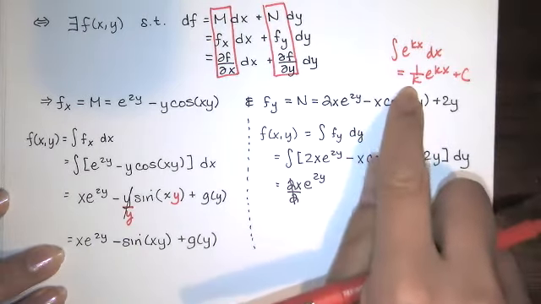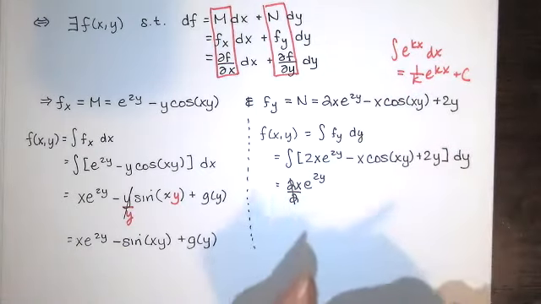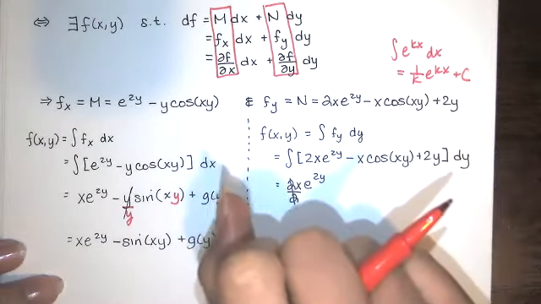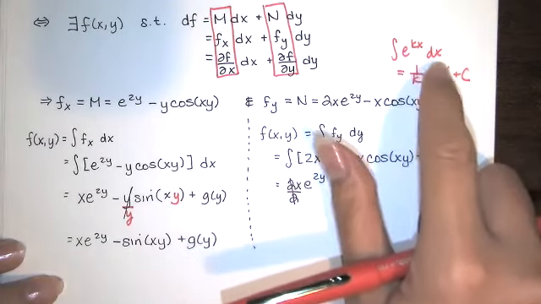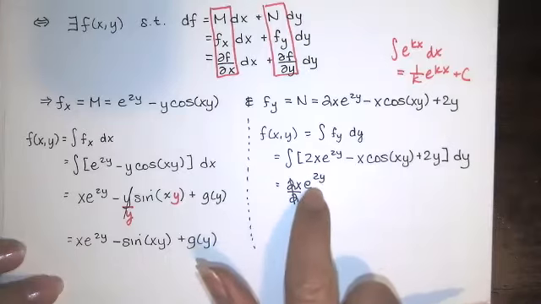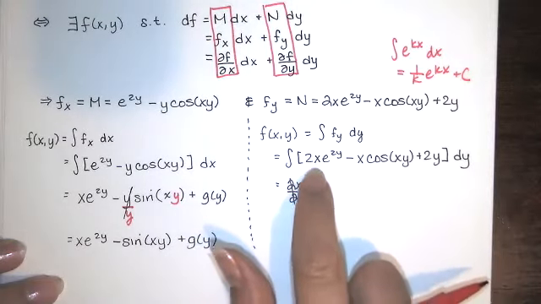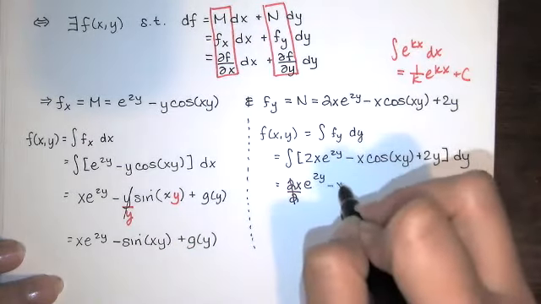And remember that 1 over k is compensating for that multiplication by k that comes from the chain rule. If I'm taking the derivative of this, I have to multiply by the derivative of the inside. The derivative of the inside is a constant. When I'm undoing that, I have to divide by that constant. So we're doing the same thing with the 2 here. If I've got an e to the 2y, the antiderivative is e to the 2y divided by the 2. x is a constant here, so you bring that down.